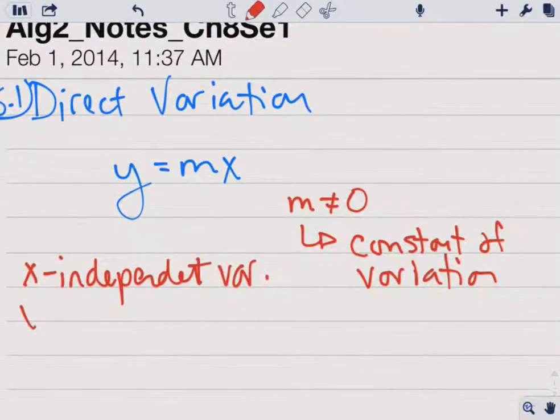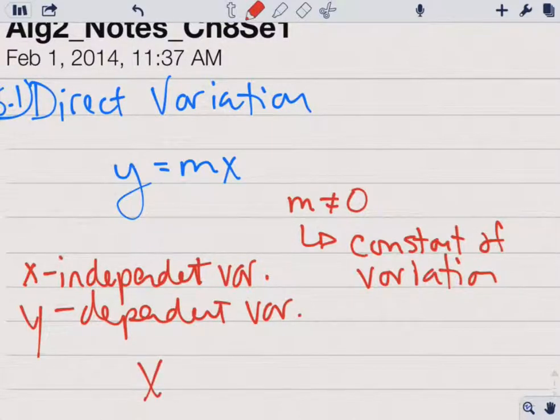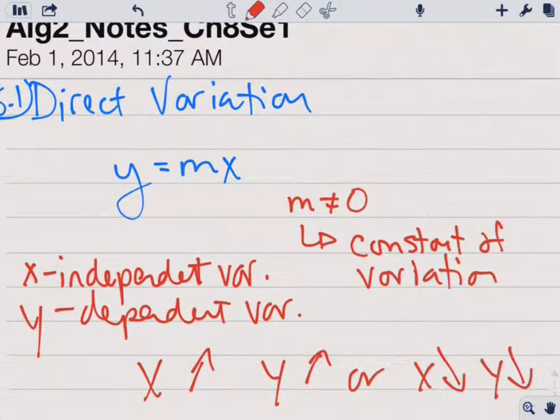Y is your dependent variable. The idea is when x goes up, y goes up. That's what direct variation means, or when x goes down, y goes down. They directly relate to each other.